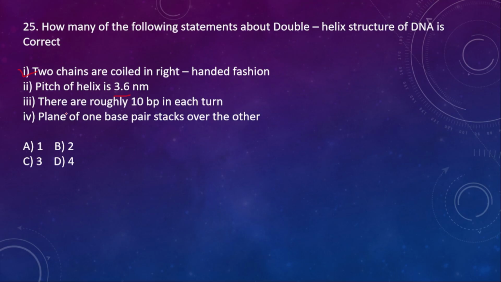So this one is wrong. Third, there are roughly 10 base pairs in each turn. Yes, exactly correct. Plane of one base pair stacks over the other. This one is also correct. So here 1, 3 and 4 are correct. What is he asking? The number of correct ones. So 3 is correct. So option C is correct.